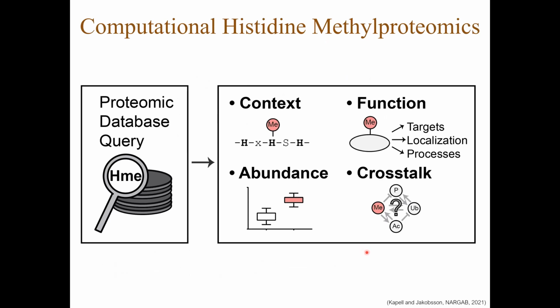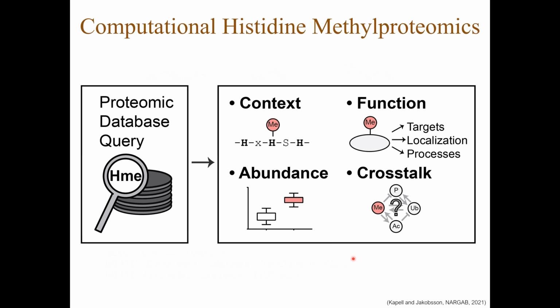And histidine methylation is particularly challenging to analyze, since there are no available affinity agents to enrich modified peptides for mass spectrometry analysis. So we instead devised an approach where we queried the most comprehensive proteomic data sets available for different types of methylation.